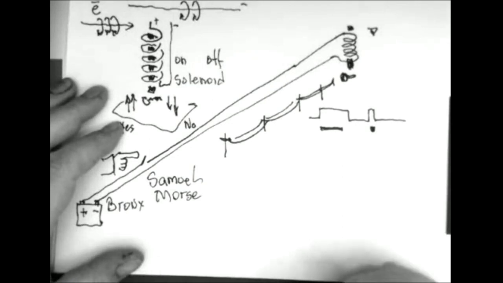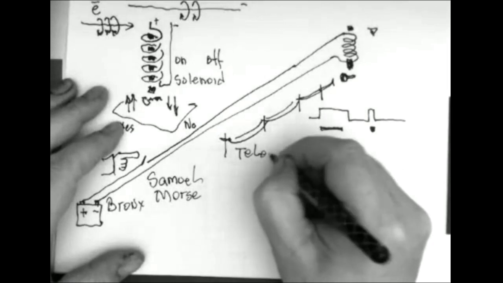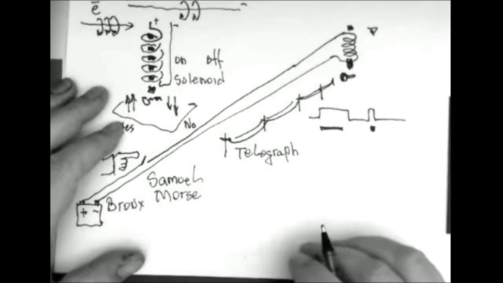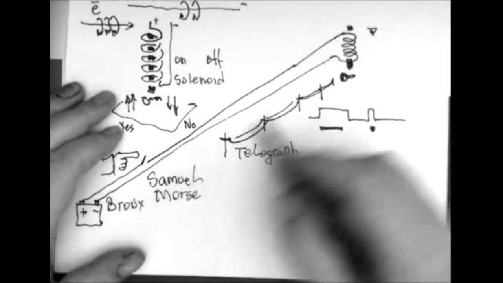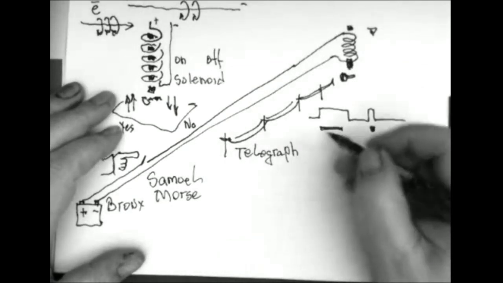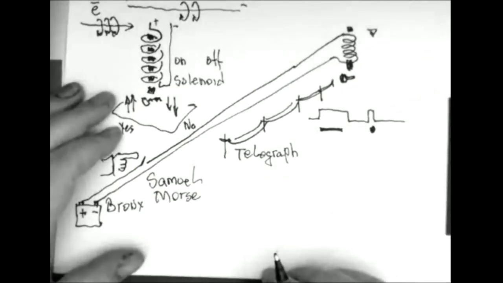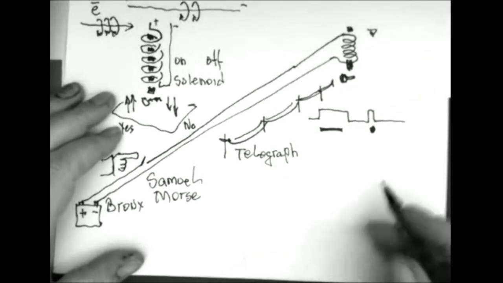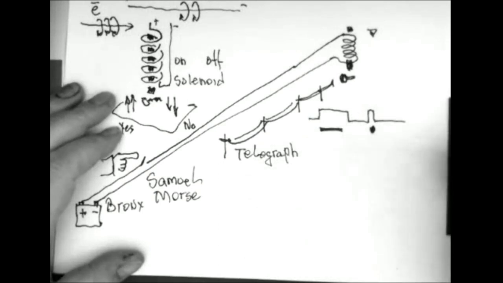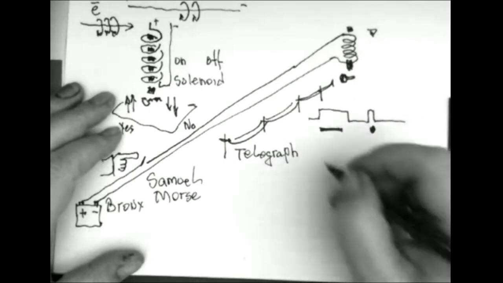So what is this? This is the Samuel Morse telegraph. Telegraph can transmit information by using dashes and dots. Dashes and dots. And there are a lot of letters that can be substituted by dashes and dots.